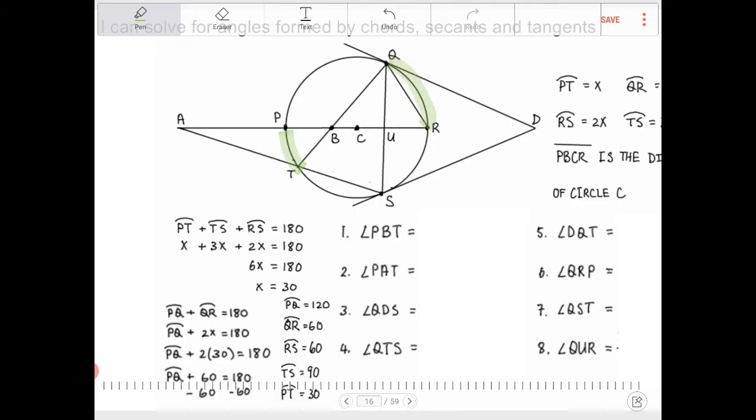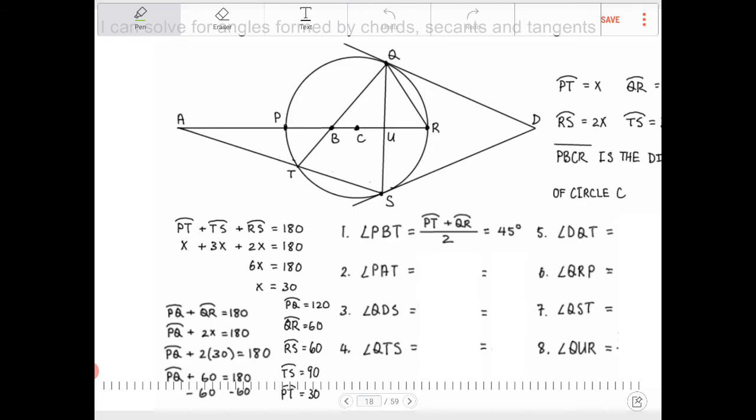If I find the average of those two arcs, I can figure out angle PBT. So that will equal 45 degrees, because arc PT is 30, arc QR is 60, divide by 2, that will indeed give me 45.